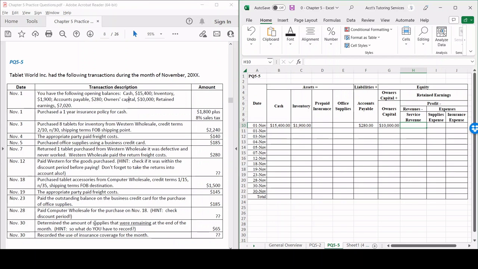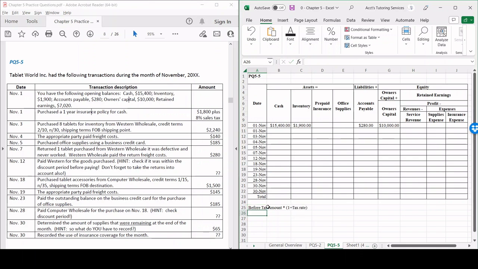So we purchased a 1-year insurance policy for cash, 1,800 plus 8% sales tax. Instead of having HST of 13%, they have an 8% sales tax. To calculate that balance, once again, the formula is before tax amount times 1 plus the tax rate.